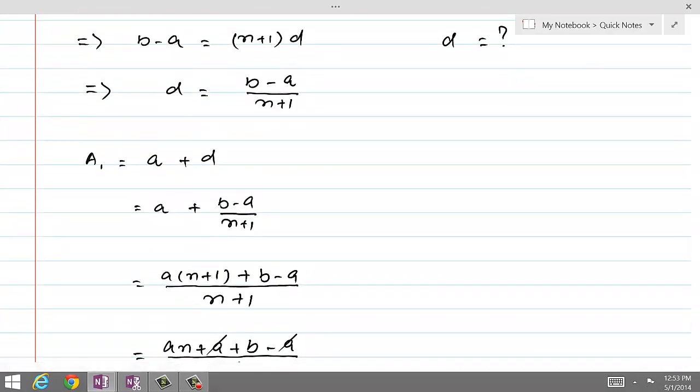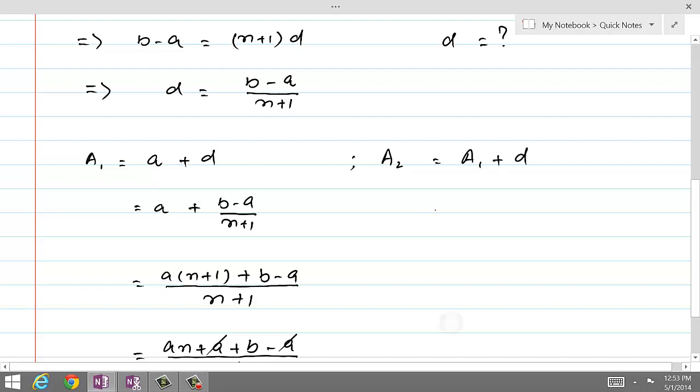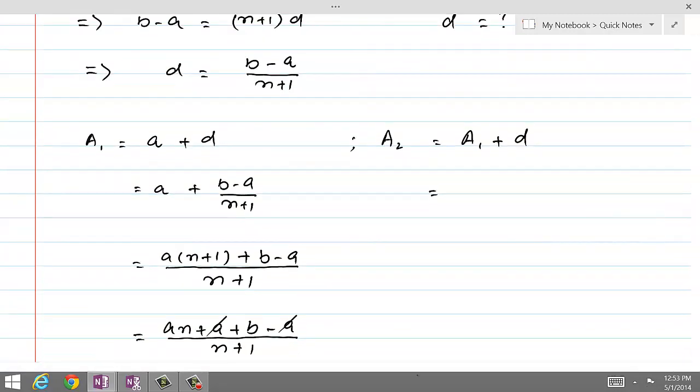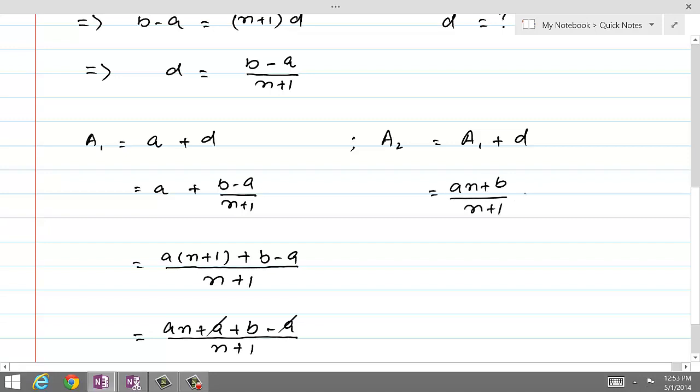Let us now add d to this and get the next arithmetic mean, which is a2. So a2 would be equal to a1 plus d again. a1, we have just calculated, is an plus b over n plus 1. So an plus b over n plus 1 plus d, which is b minus a over n plus 1.